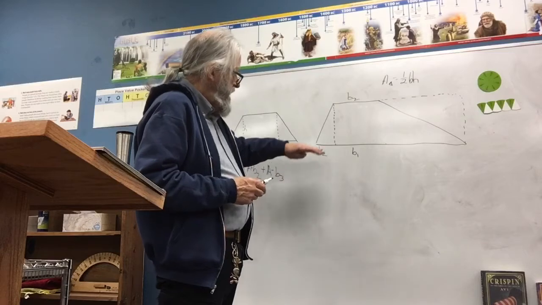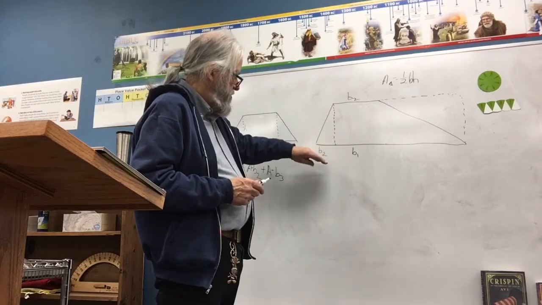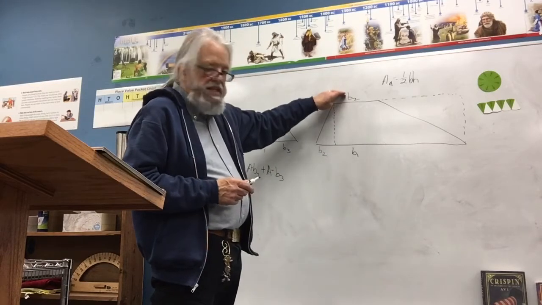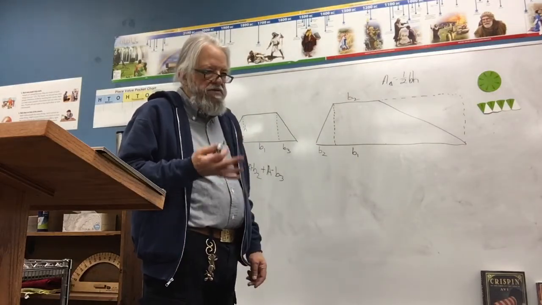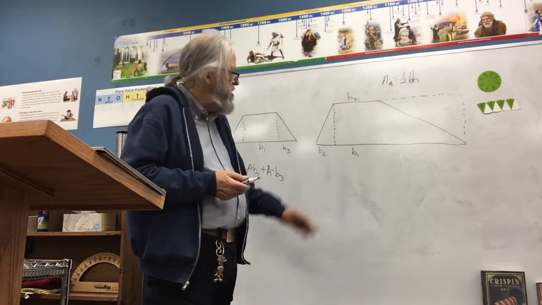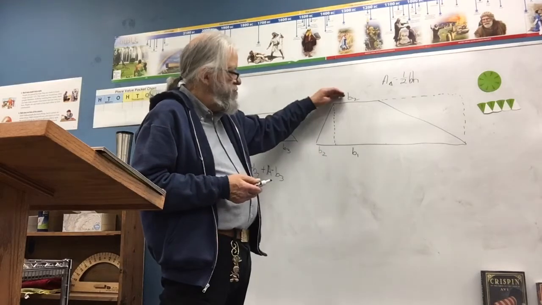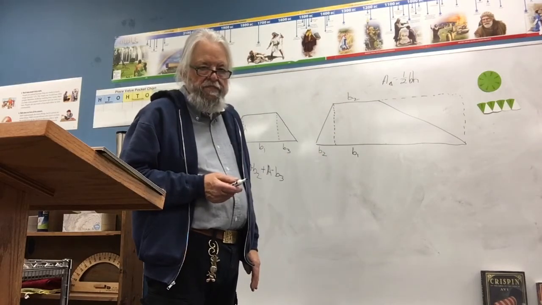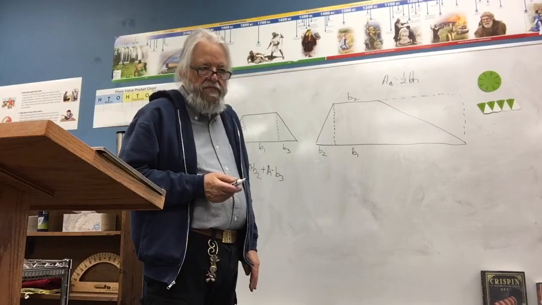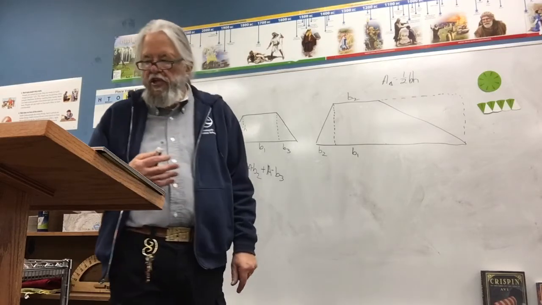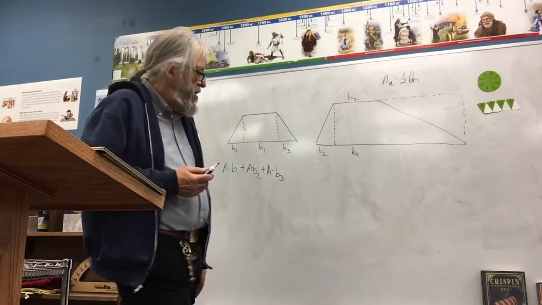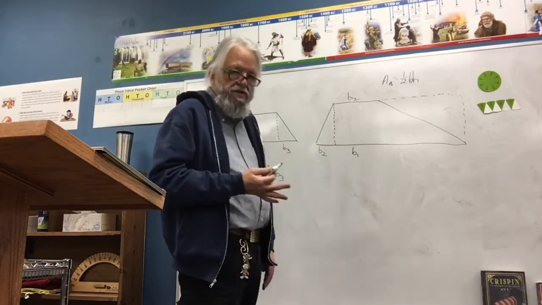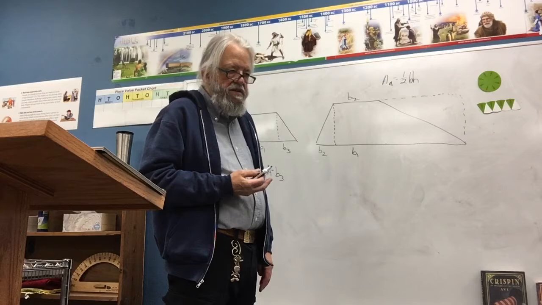And so what they're doing is adding these two together and then dividing by 2. So what are they doing? They're averaging this base 1 with this base 2. Okay? They're averaging those two bases, times the height.